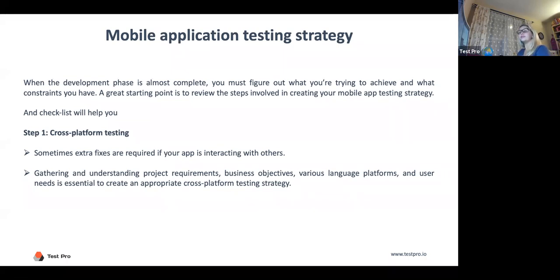When the development phase is complete, we must figure out what we are trying to achieve and what kind of constraints we have. It's a great starting point to review all steps involved in our future application test strategy. So that's why it's nice to have a checklist.